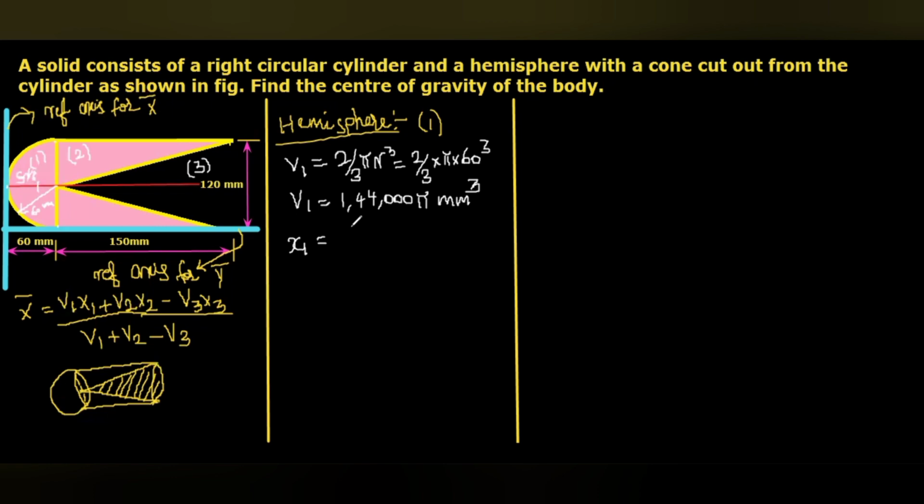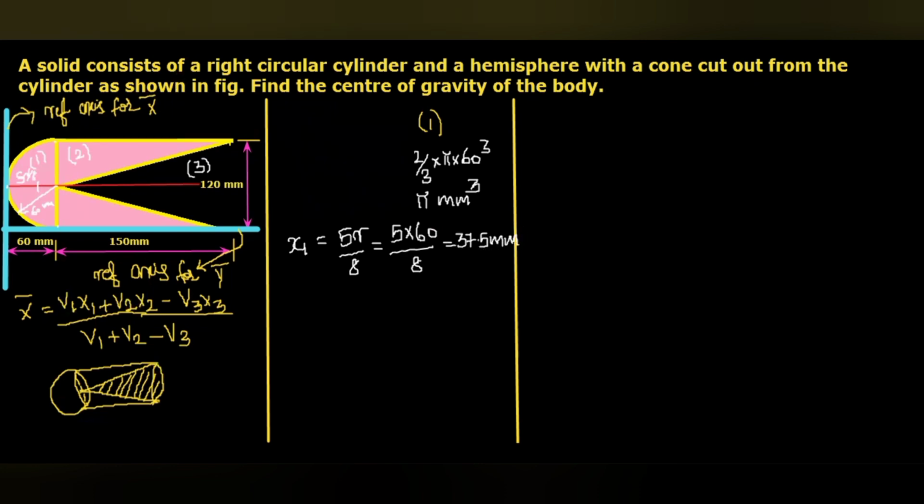So X1 is 5r divided by 8. That equals 5 multiplied with the radius, that is 60, divided by 8. So when you simplify, we will get X1, that is 37.5 mm.